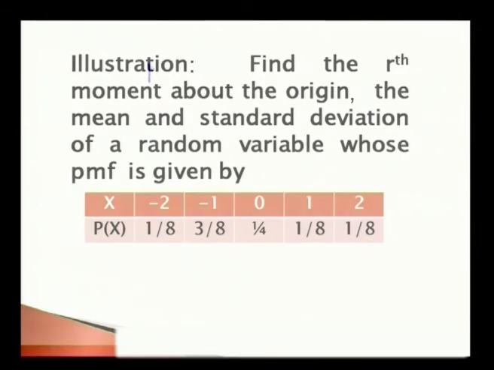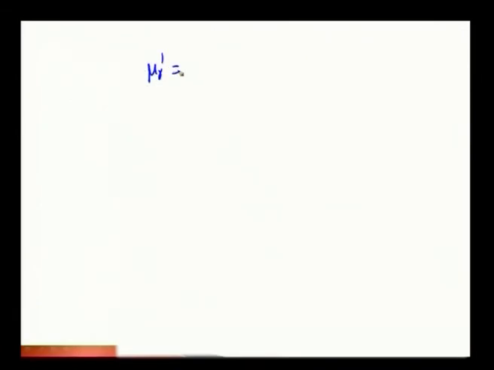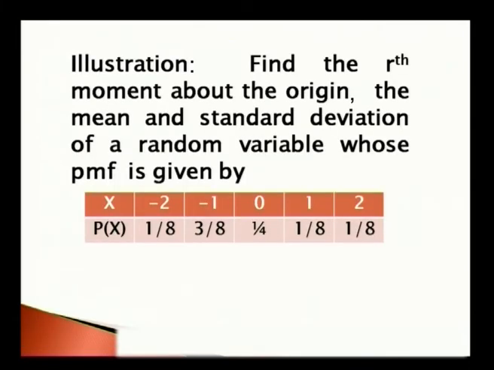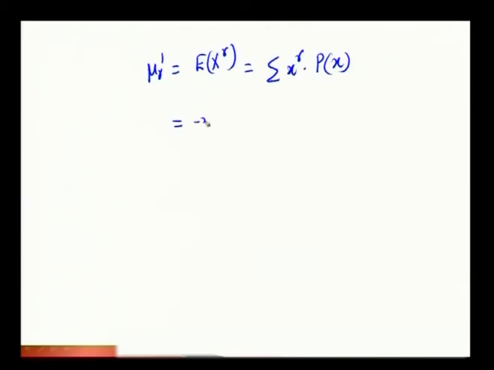What is your mu r dash formula? Mu r dash is expectation of x power r. This is summation x power r into p of x. Your x ranges from minus 2 to 2, as minus 2, minus 1, 0, 1, 2 and the corresponding p of x values. It goes as (minus 2) power r, the corresponding probability value is 1 by 8.